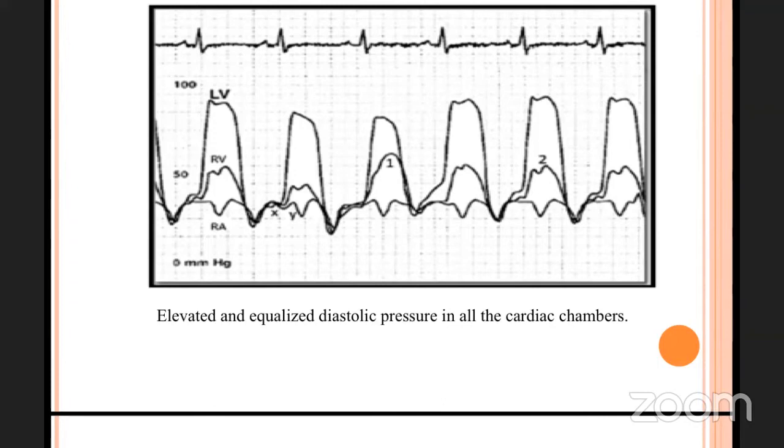So this equalization of pressures in diastole between the right side and left side, between the atria and ventricles, is almost synonymous with constrictive pericarditis. We'll tell you that this kind of situation also can occur in restrictive cardiomyopathy when it is involving not only the right ventricle but also the left ventricle.